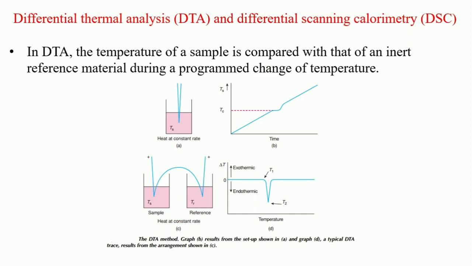Tc is known as the Curie temperature. The sample temperature remains constant at Tc until the event is completed. It then increases rapidly to catch up with the temperature required by the programmer.